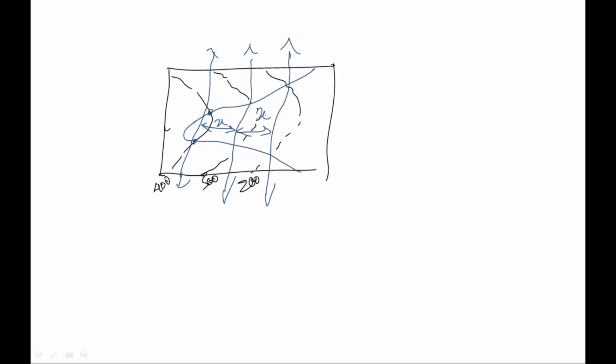So strike direction you can find out. How to find out strike direction? In every map the north direction is given, right? So if this is north, you can find out the strike direction is something like north 10 degree east or something. You have to use a protractor.